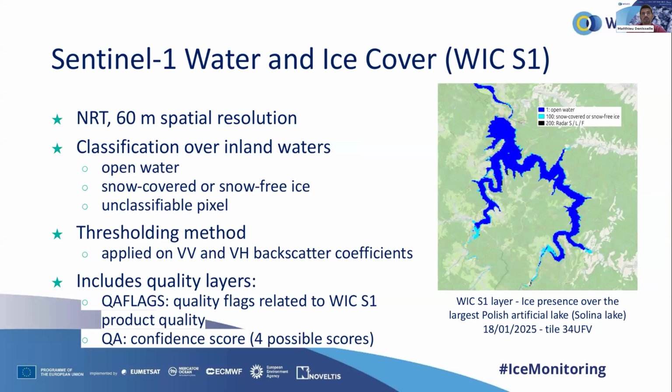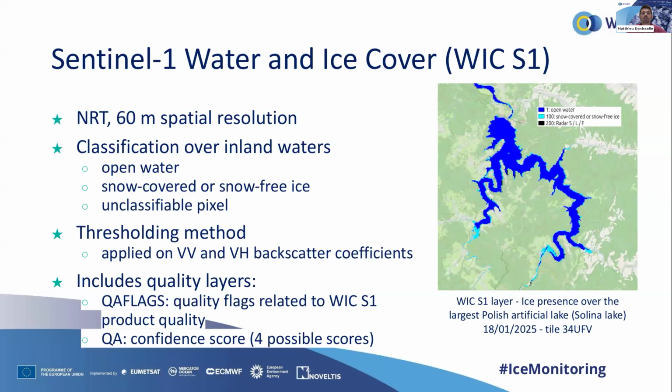There is also the water and ice cover based on Sentinel-1 data, which is also distributed in near real time, and it has a 60-meter spatial resolution. Within this product, there is classification over inland waters, rivers and lakes, basically.